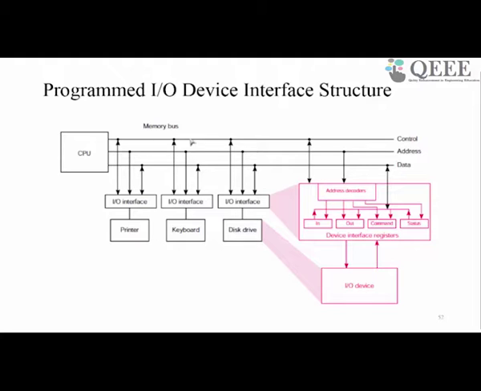The CPU has the address bus, data bus and control bus, which are connected to different devices like the printer, keyboard and disk drives through their respective IO interfaces or IO controllers. For example, there can be a disk driver or a keyboard driver interface and so on. Each one would be a typical IC which takes care of the interaction between the device and the CPU.